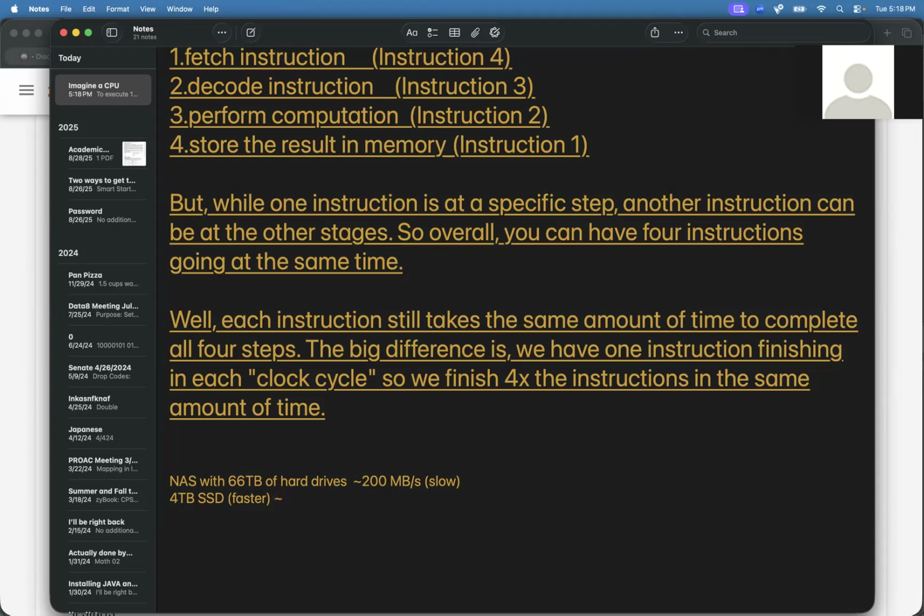Much faster. I don't really know exactly, so this is a made up number: 3,000 megabytes per second. A lot of solid state drives are much faster than that now, but this is still fast compared to a hard drive on my network. But these are just disk drives.